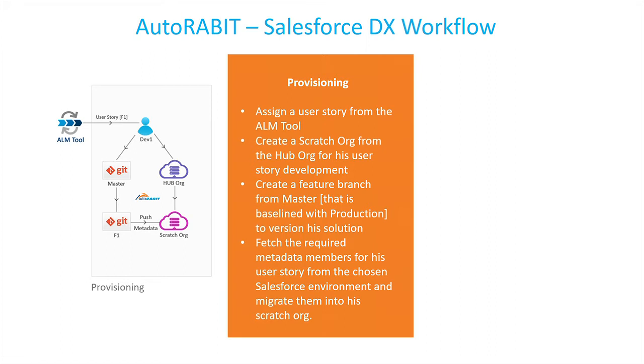And this whole cycle is much neater now because we are able to link our feature branches to the Jira stories, and whatever you develop and push into your feature branch now is purely that particular feature that you are developing.